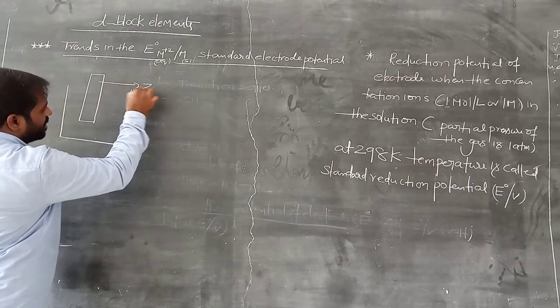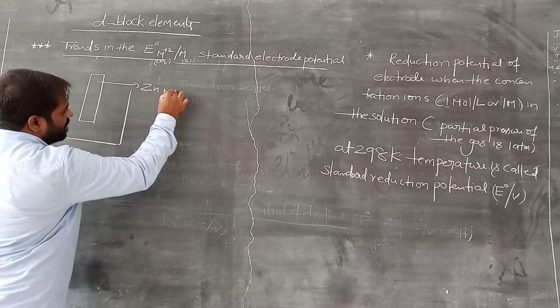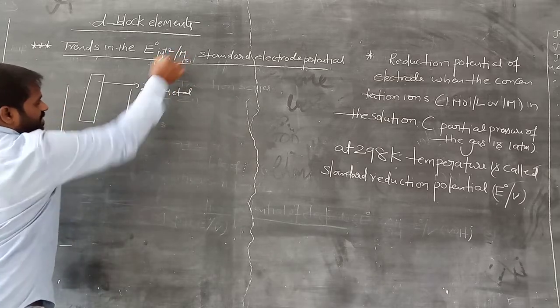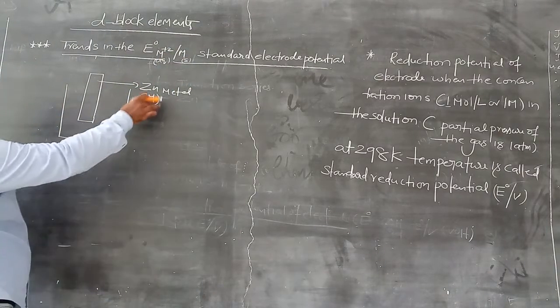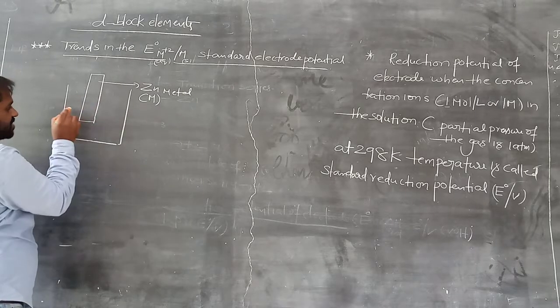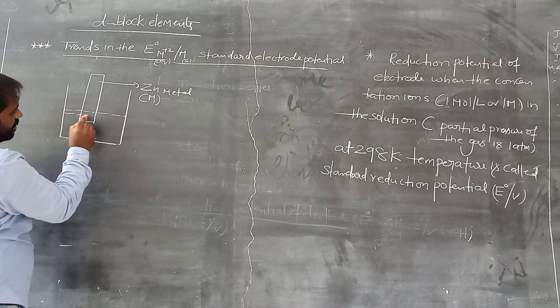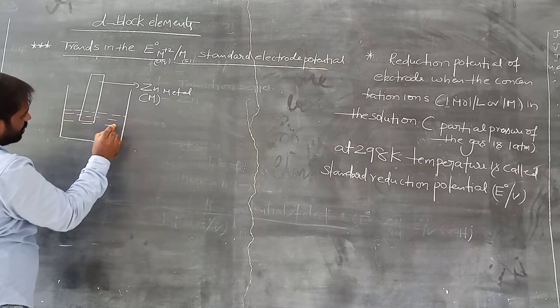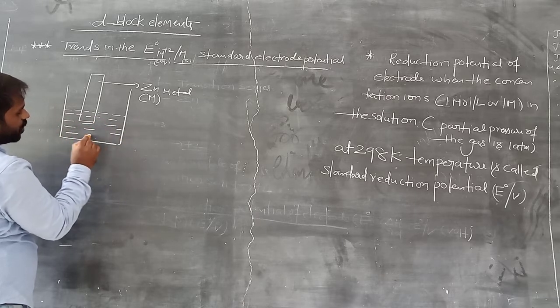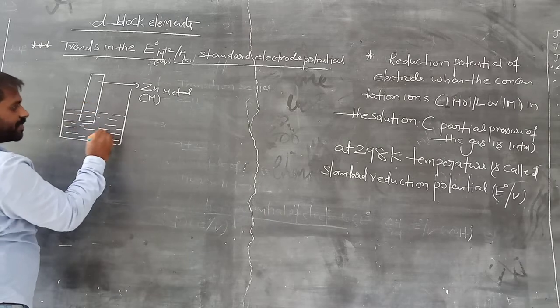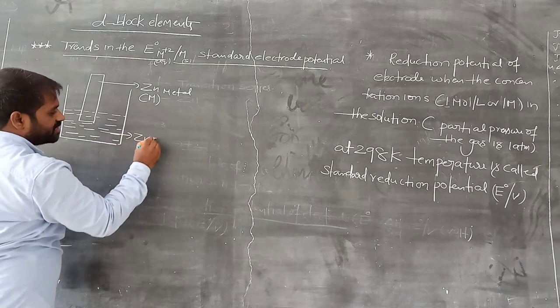Zinc is a metal. Suppose it is assumed as M here, where M is the metallic rod. And now this metallic rod is dipped in its corresponding electrolyte. So now it is zinc, so it is dipped in zinc sulfate solution.